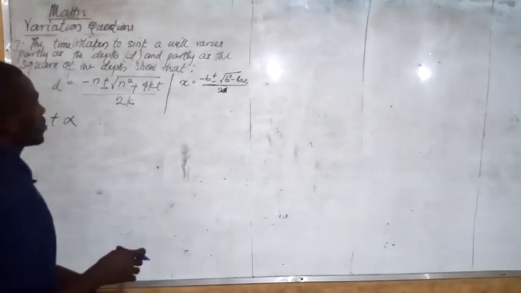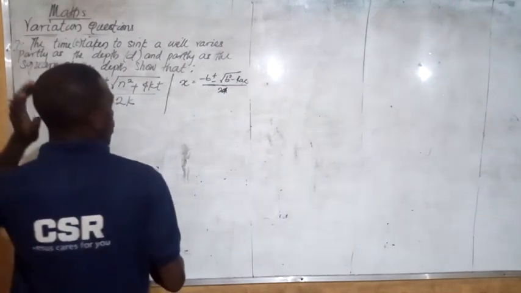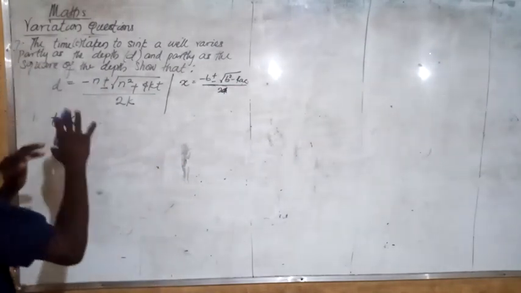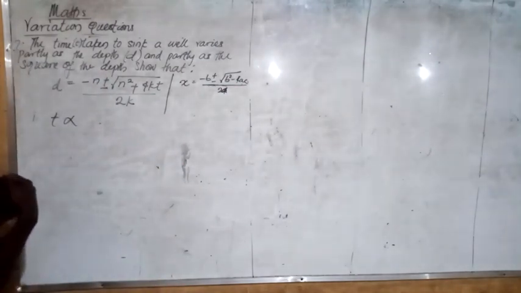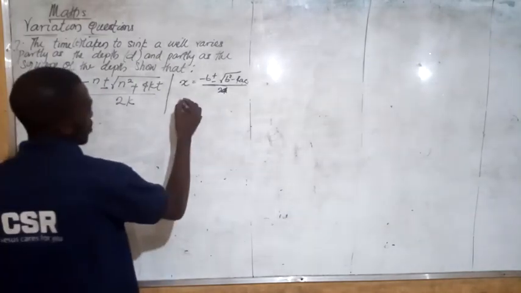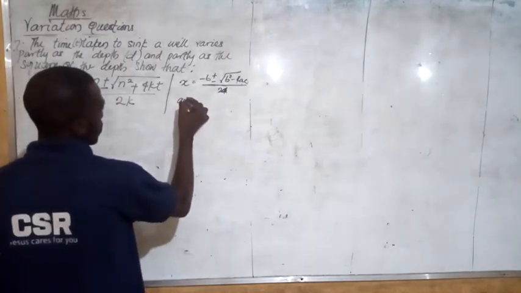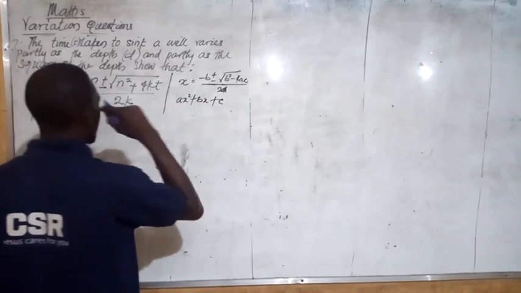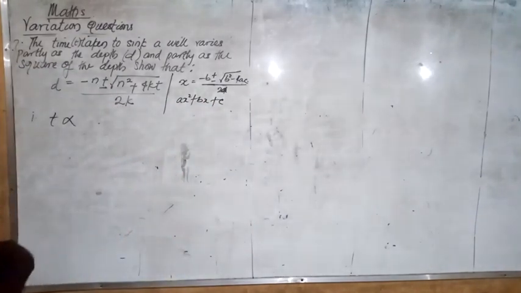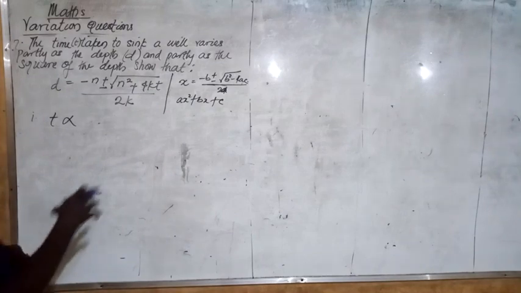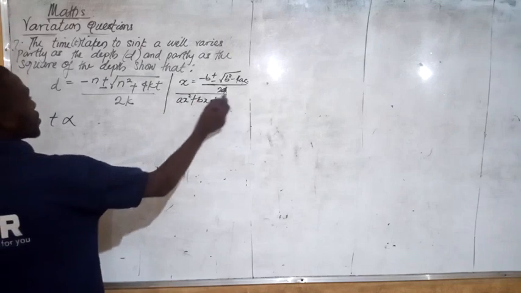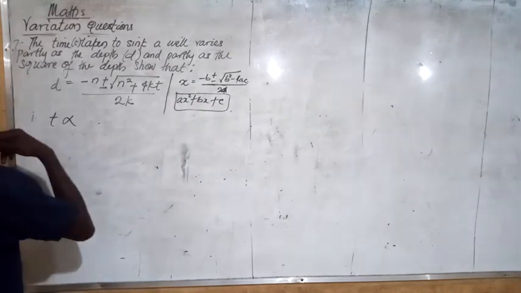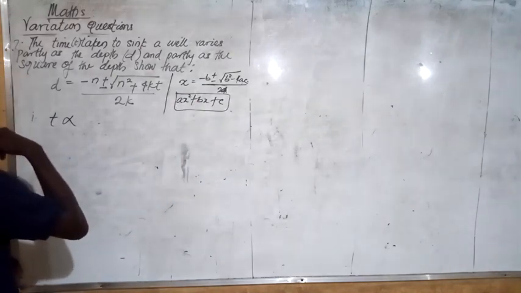So you see they look alike. Remember, this equation is gotten from ax squared plus bx plus c. Since it's gotten from this, it means that we are going to transform our equation to something like this.